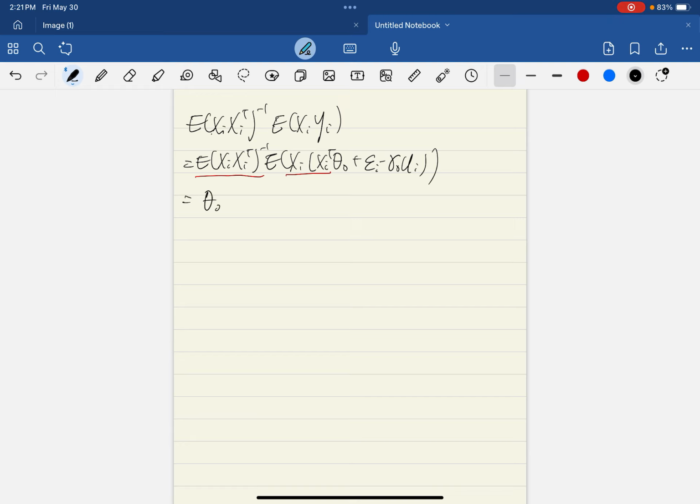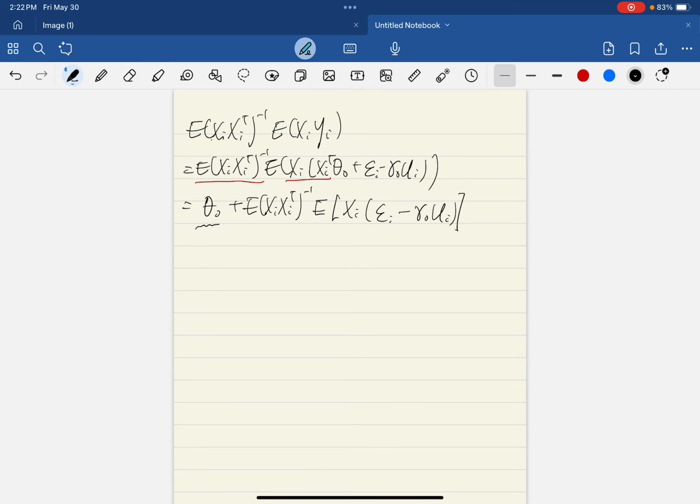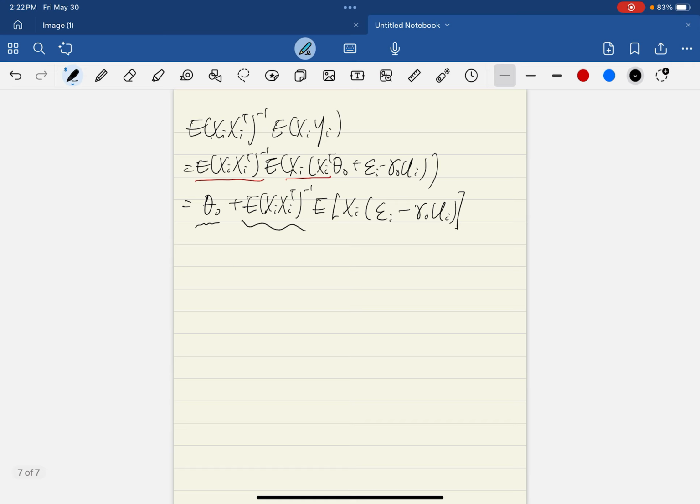So you start from theta 0 plus the inverse of the expectation of x x prime, and what still remains is x_i times epsilon_i minus gamma 0 u_i. Remember, because we already have theta 0 here, this much is the bias if it is not 0, right? That is the bias.